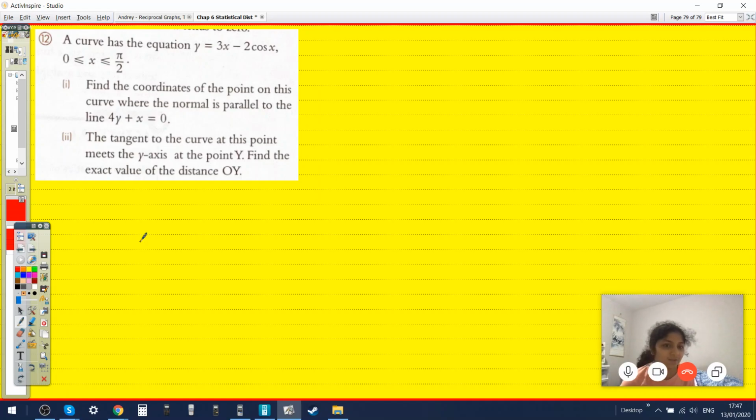So the gradient of the normal would be minus a quarter. That means the gradient of the tangent is 4. So you just have to find where dy by dx is equal to 4. So you have to differentiate that.